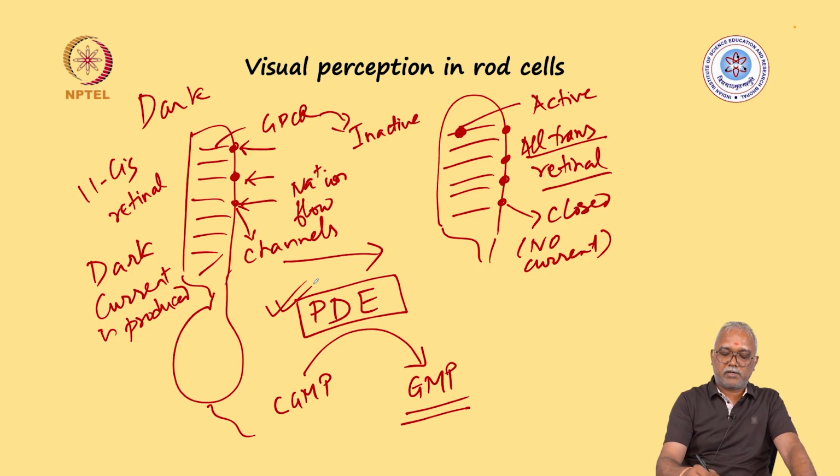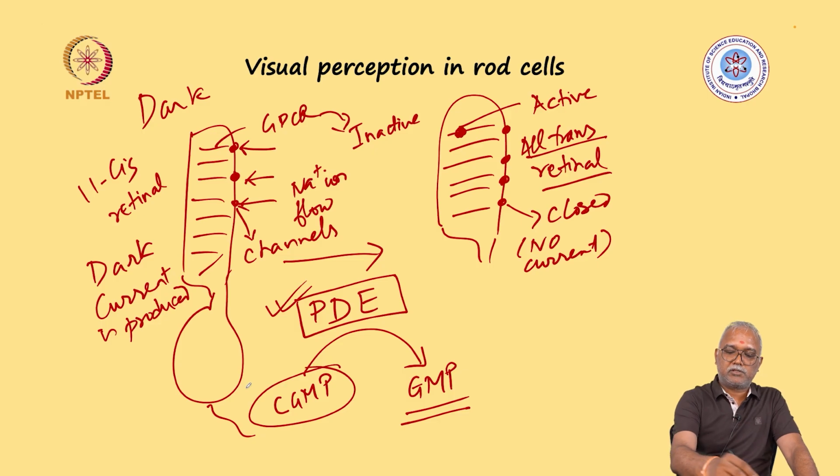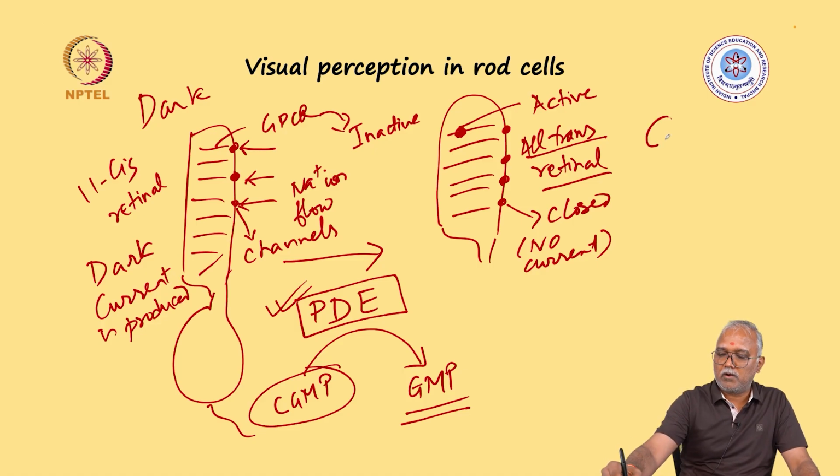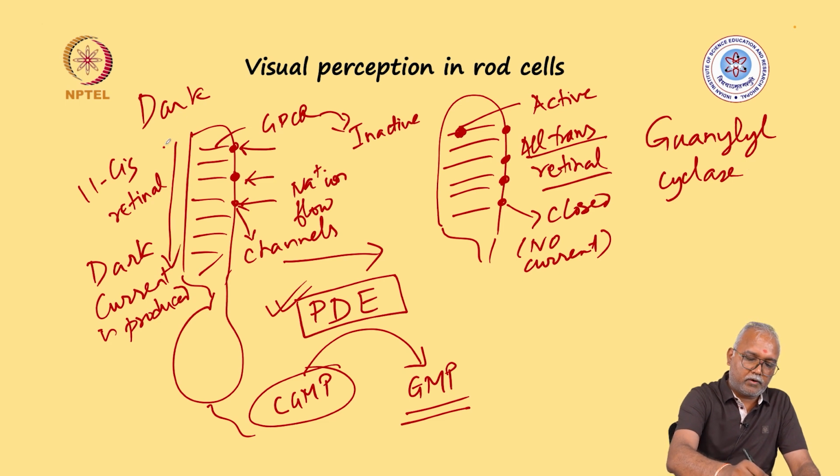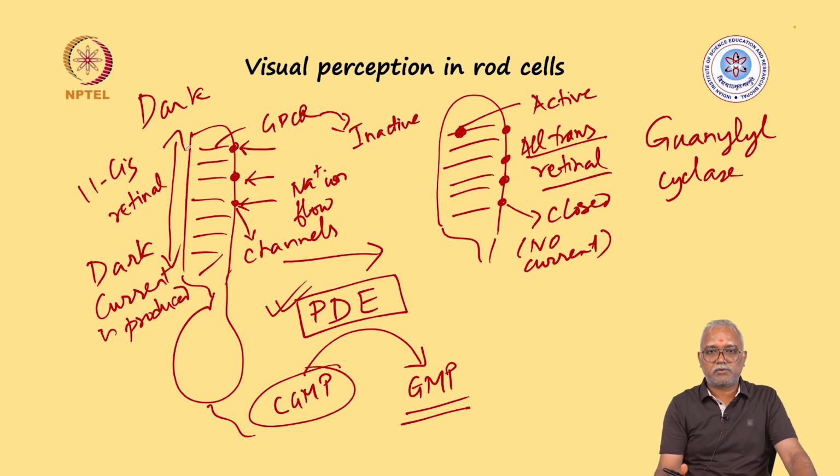So this is what is working over there. If you are generating cyclic GMP in this situation, you should also have a cyclase enzyme. Since it is a guanine nucleotide situation, it is called guanylyl cyclase. So in this portion of your rod cell, you have two enzymes, guanylyl cyclase and phosphodiesterase, which are helping in the formation of cyclic nucleotide, cyclic GMP, and making it into linear GMP.